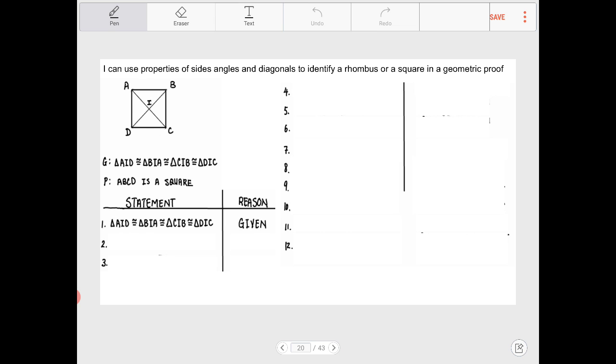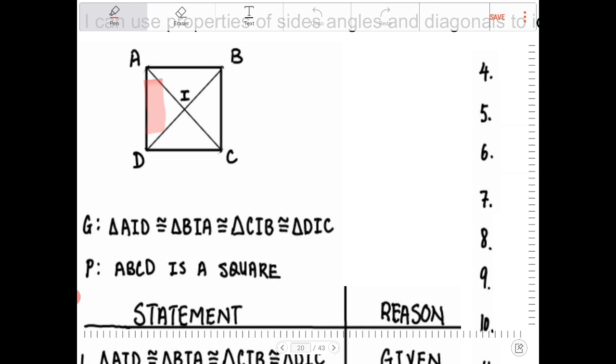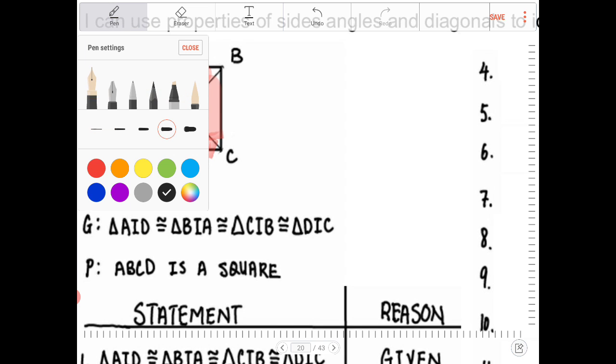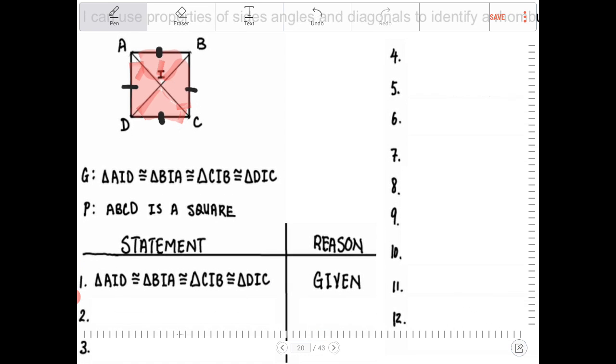But first and foremost, let's just talk about this. All four triangles are the same. If all four triangles are the same, then immediately I recognize that this side corresponds to that, which corresponds to this, which corresponds to that. All four sides will be congruent.